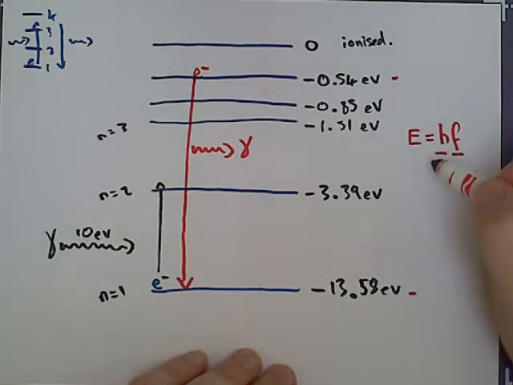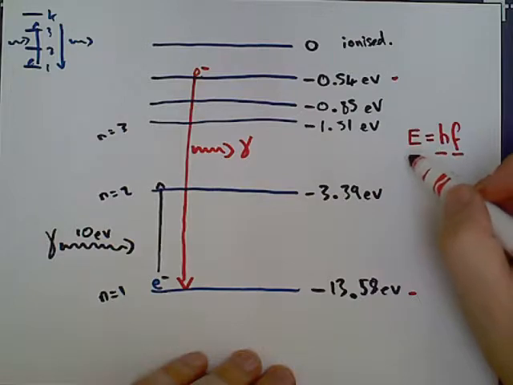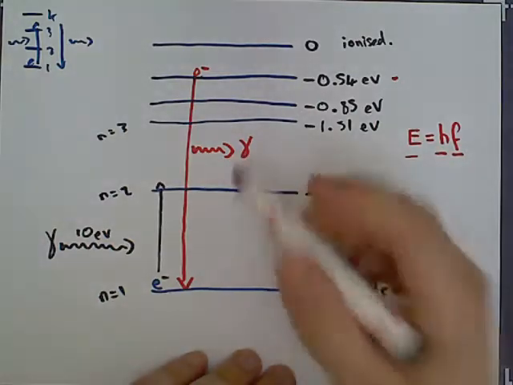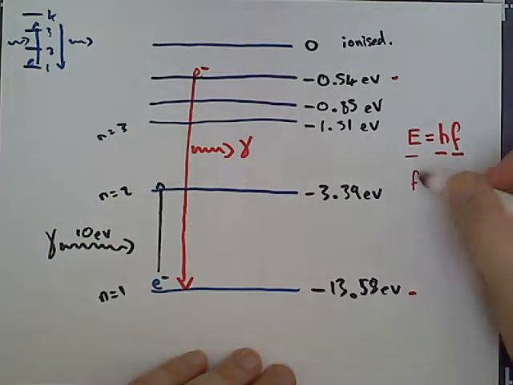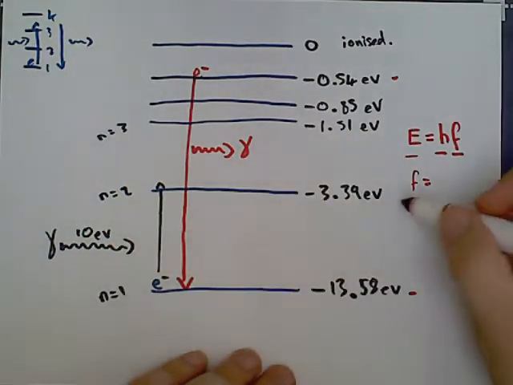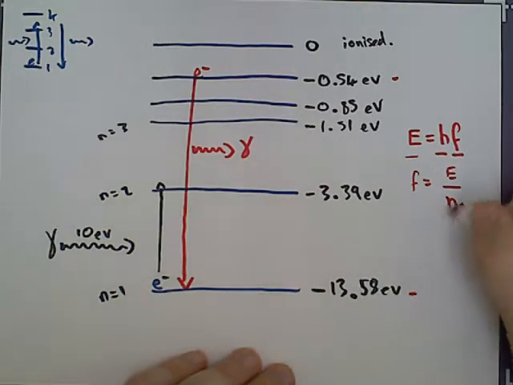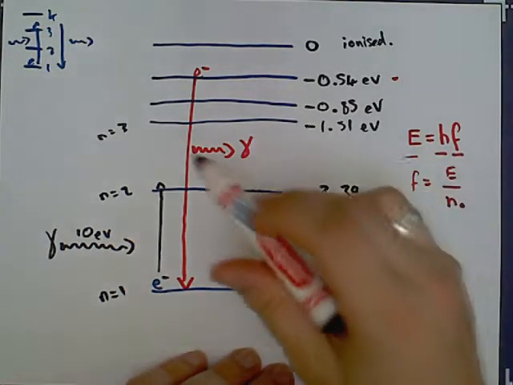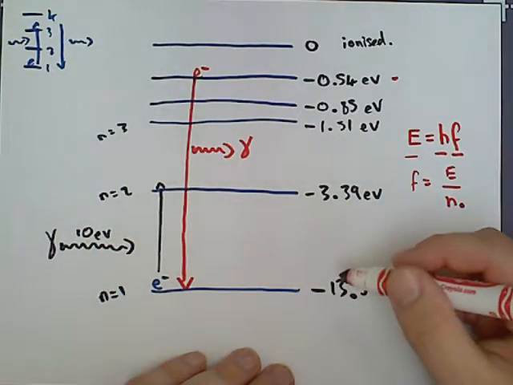This is a really nice equation because Planck's constant is a constant and the amount of energy given off is the energy of the photon, so we can work out the frequency of the light that's given off or absorbed in each case. So f is equal to E over h. And that's really useful because light all travels at the same speed, 3 times 10 to the 8.